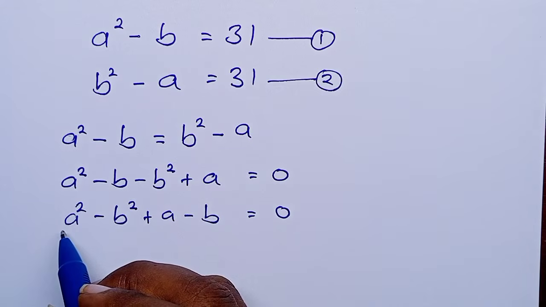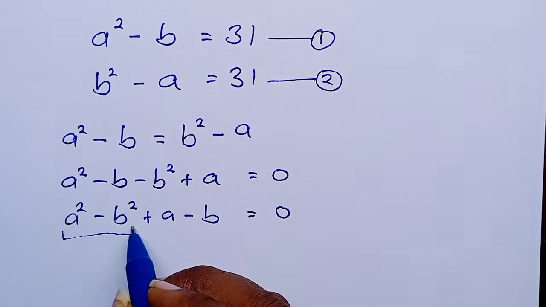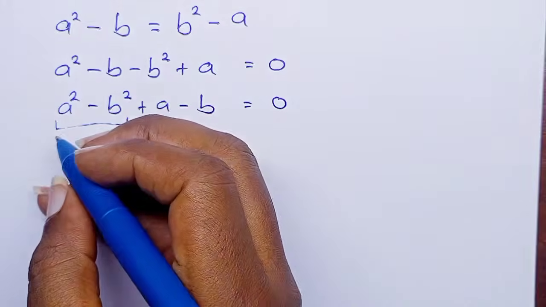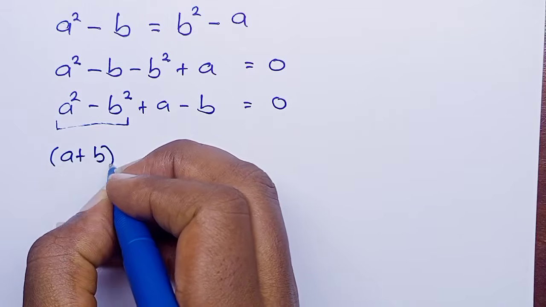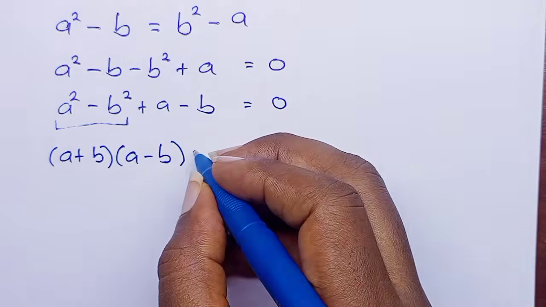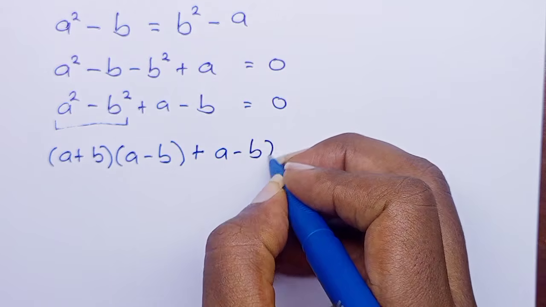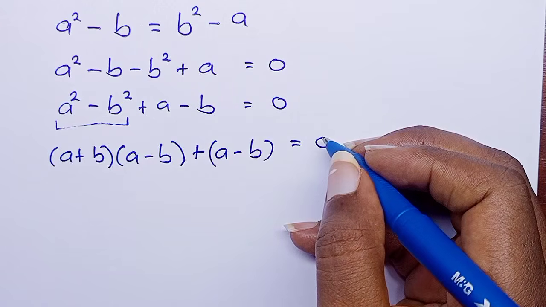As you can see, these are perfect squares, so it's a difference of 2 squares. So this, we know that it expands into a plus b into a minus b. So plus a minus b, this is equal to 0.